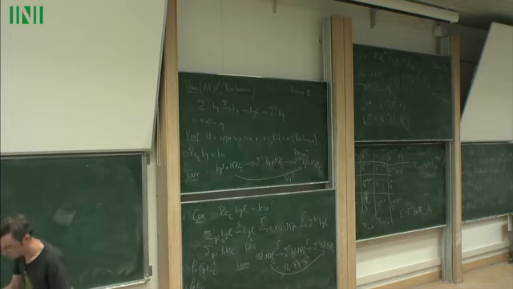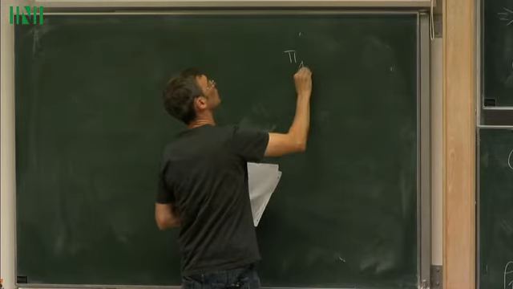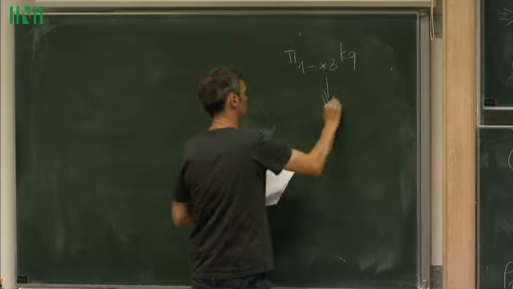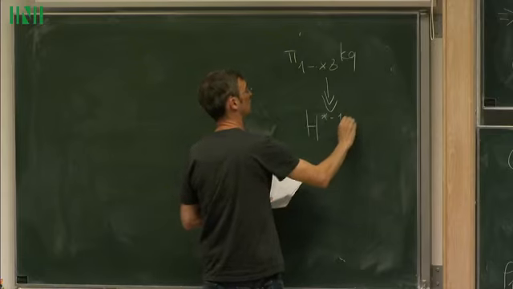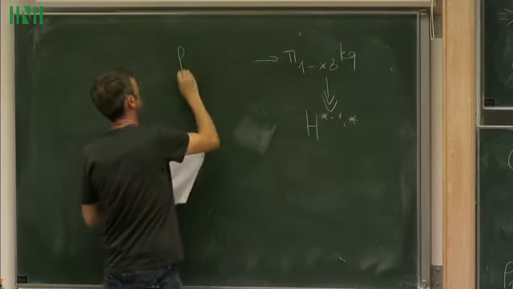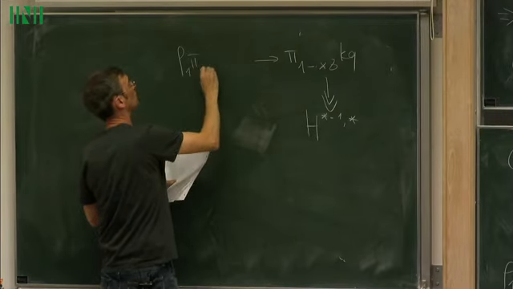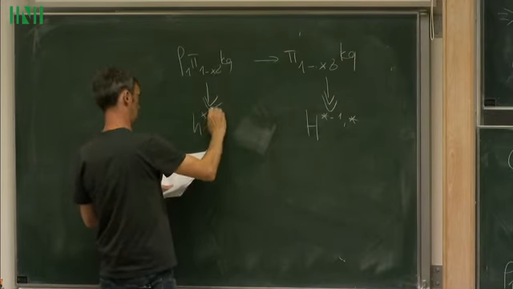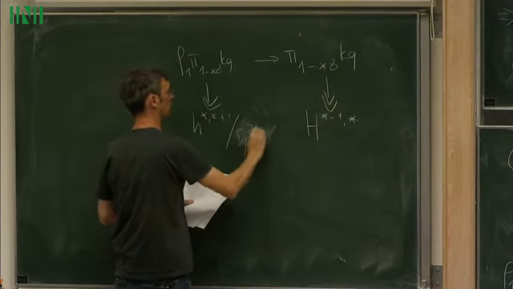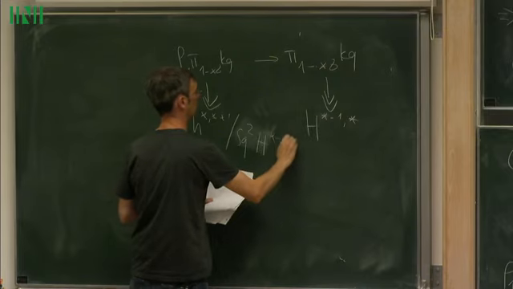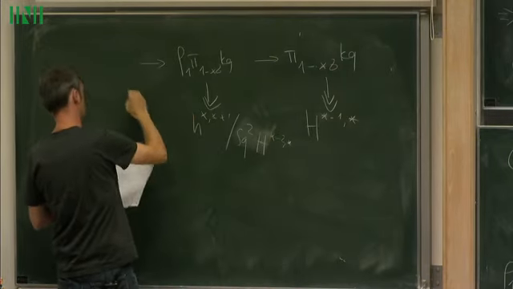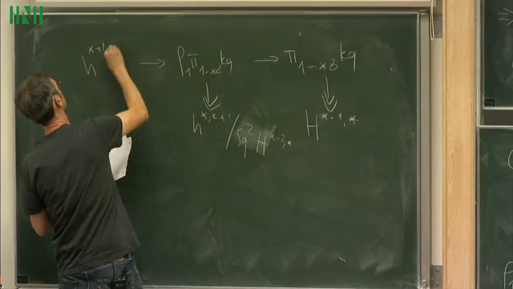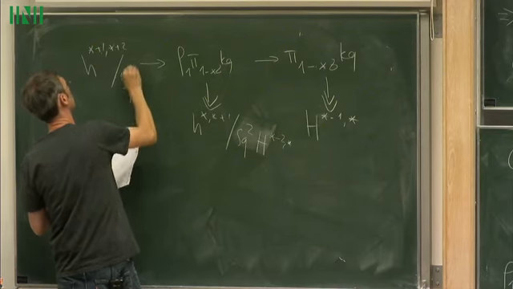So we have a 3-stage filtration of this group, pi 1 minus star sigma little kq, which surjects onto h star minus 1 star. And here we sort of have the first part, which surjects onto h star star plus 1 mod square 2 of an integral group. And the second part coincides with this here, star plus 1, star plus 2, modulo square 2.